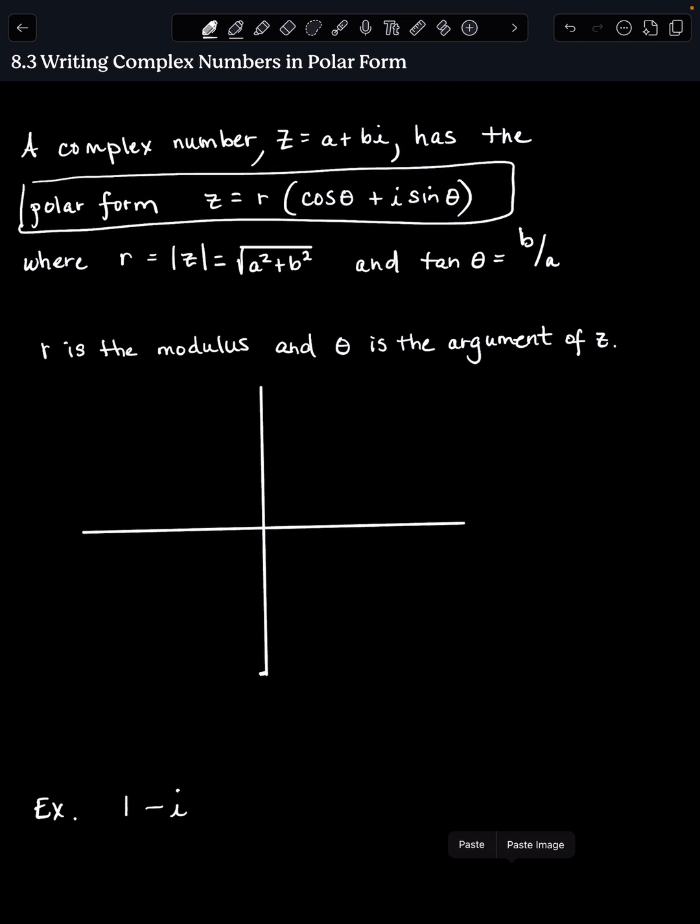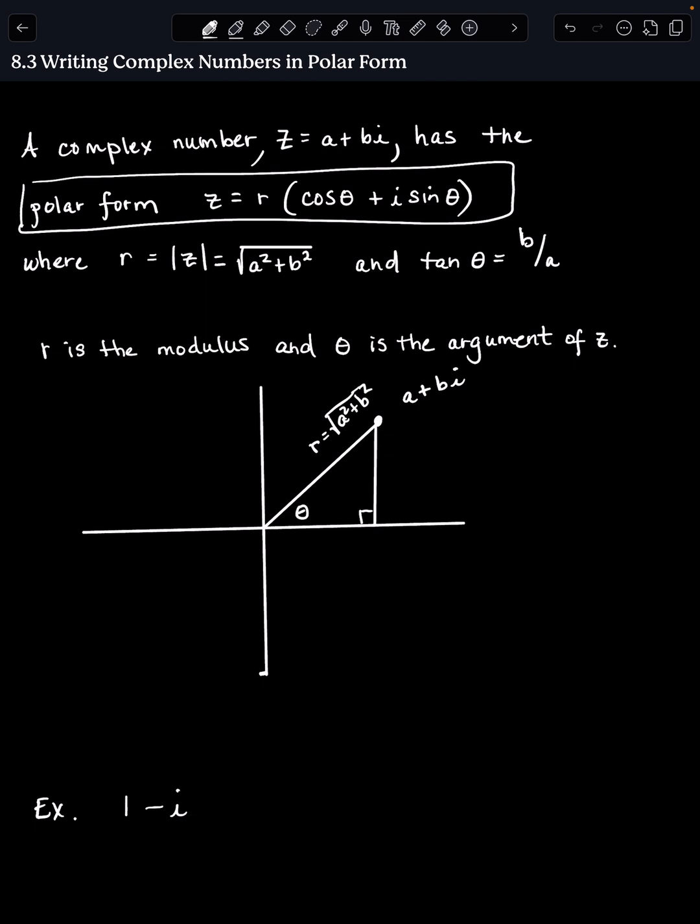So if I've got a complex number, a plus bi, I know the distance from the origin is the modulus. In this case, they're calling it r, right? That's the square root of a squared plus b squared. I can drop a right triangle here and do what I've done before, where I'm looking at theta.